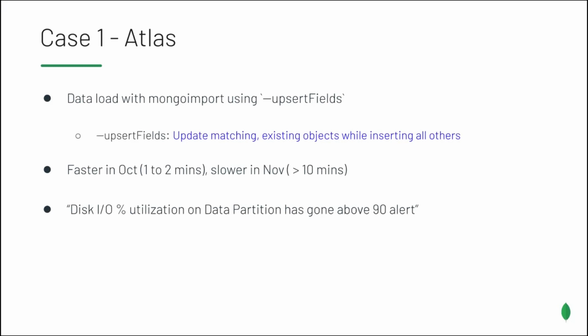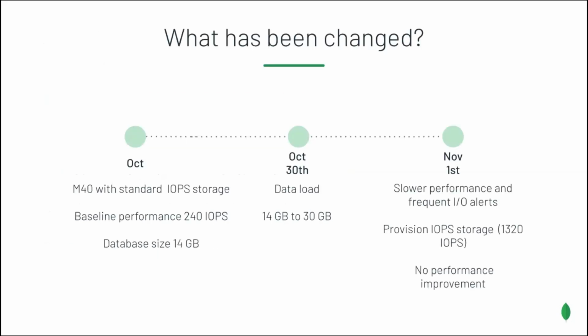The customer's workload is mostly periodic short bursts of updates. So here is the situation. Now, before we fully dive in for troubleshooting, let's ask a question to ourselves. Since there is a difference in behavior after a certain point, what has been changed?